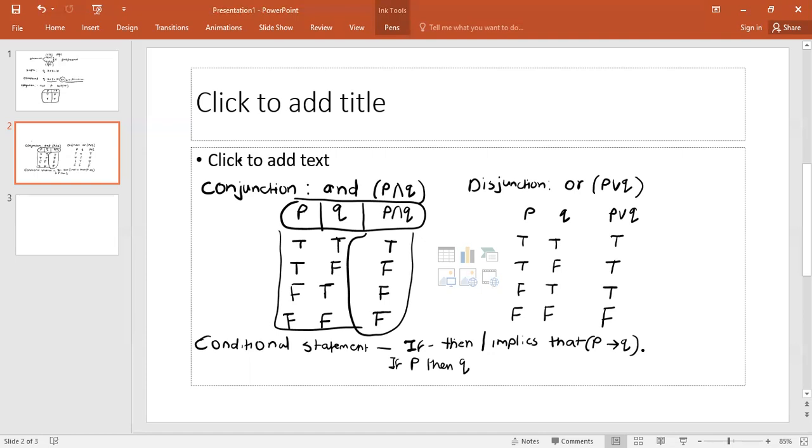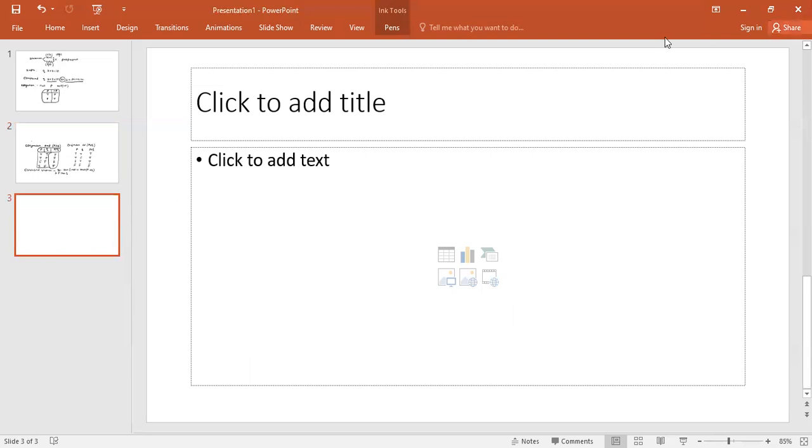Now we will see the table for the conditional statement. Here we have P, Q, P conditional Q. When P is true and Q is true, then P conditional Q will be true.